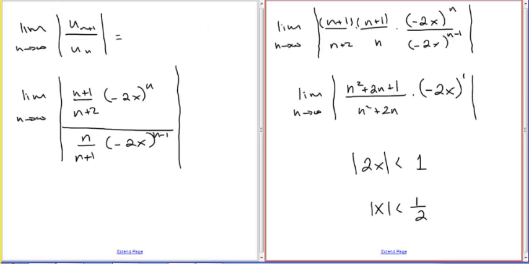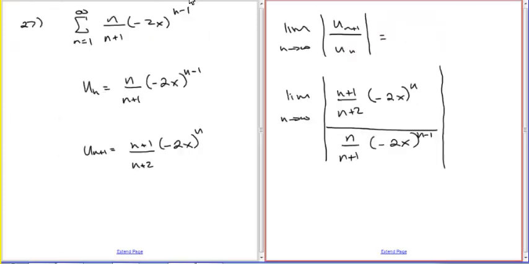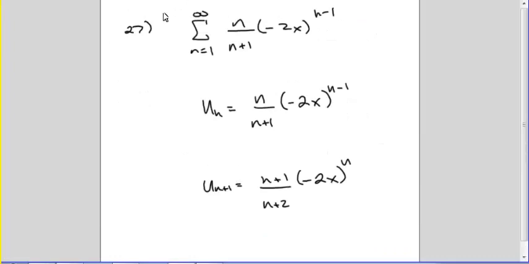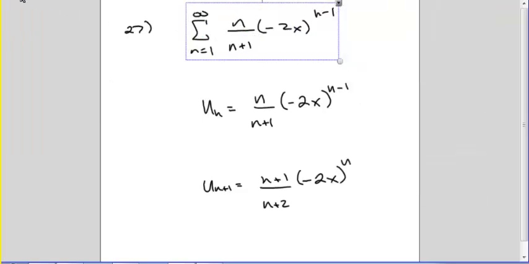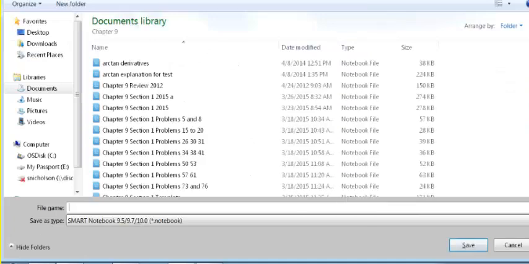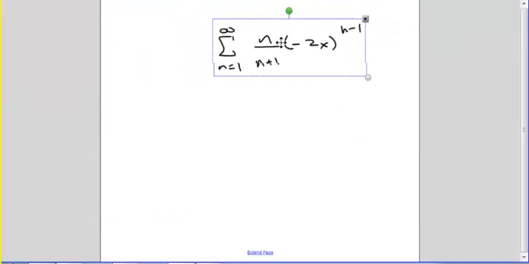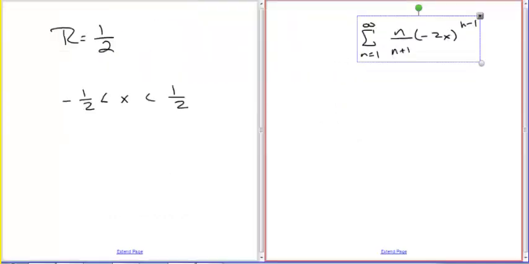So let's take the original series here. Okay, so there it is. We're going to have to try x equals negative 1/2, and we'll do x equals positive 1/2.